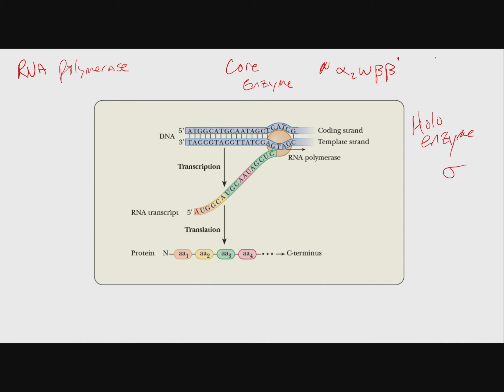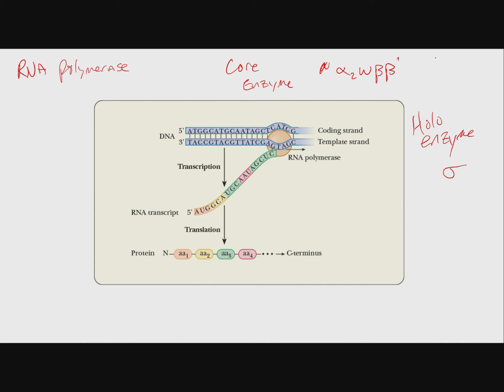All right, so let's talk about initiation. The part of transcription where RNA polymerase binds to the DNA, the strands are separated, and the first nucleotide binds to its complement is called chain initiation.